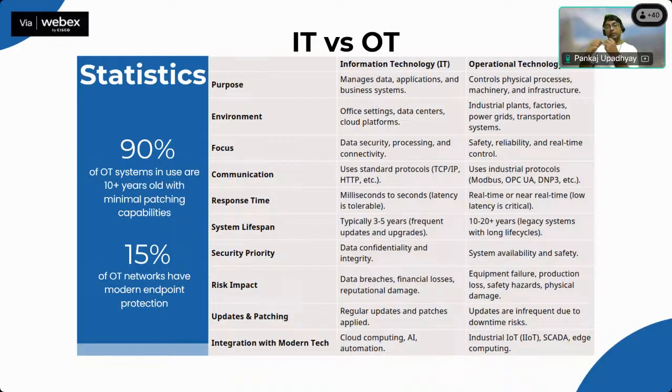So if you're sending this command from your systems and it reaches the physical devices after more than, say, 30 or 50 seconds, that latency is not acceptable, because within that duration it can impact the complete process, the organization, and the lives of the people working at the plant.